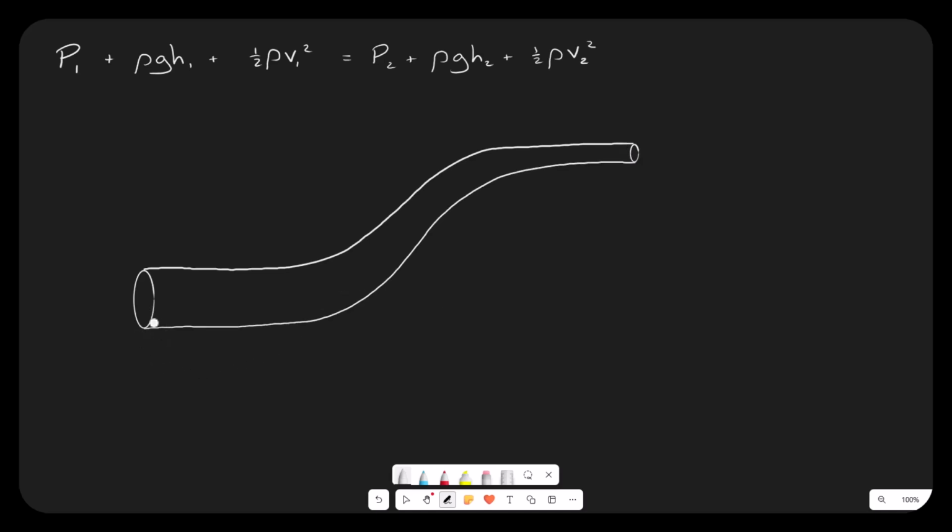Okay, I have a pipe like this, and I have something right here that measures pressure maybe. I'm going to have a fluid flowing through here, and maybe I want to know what my pressure reads up here.